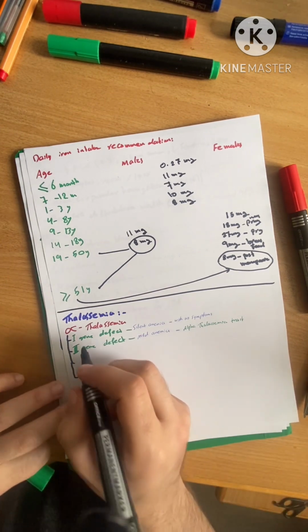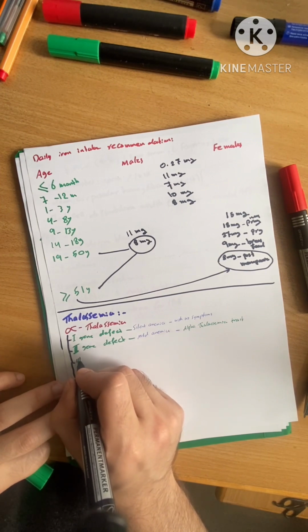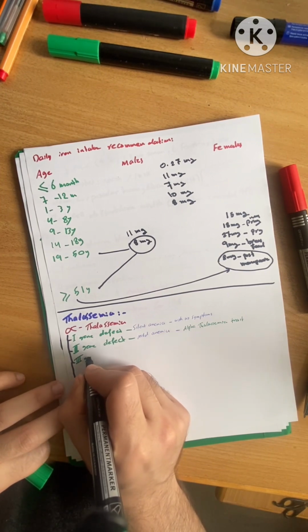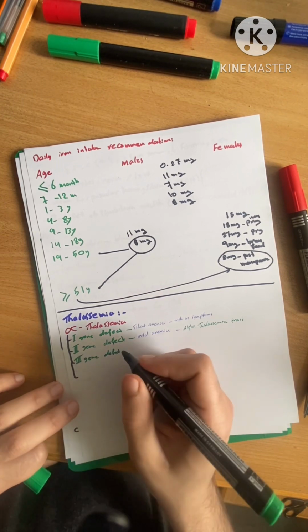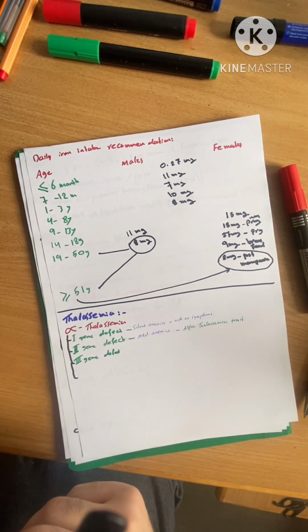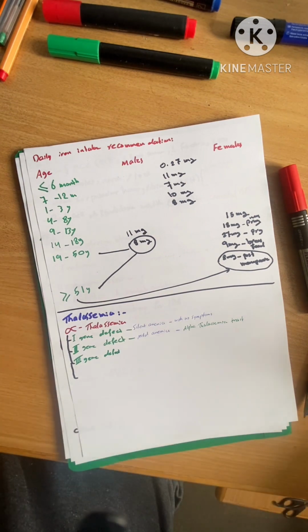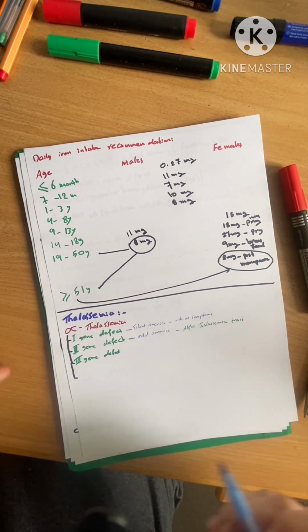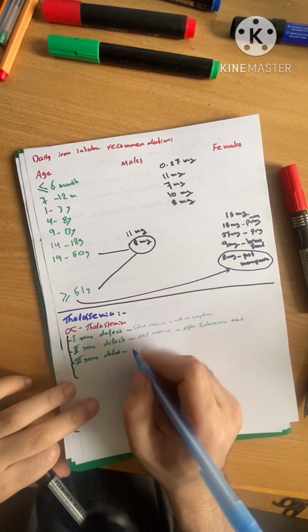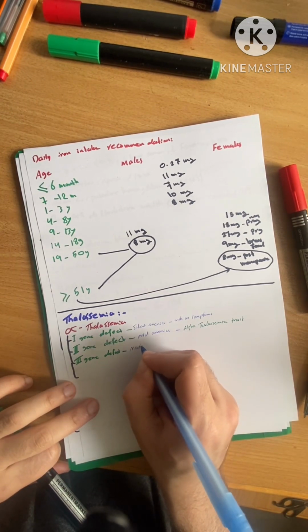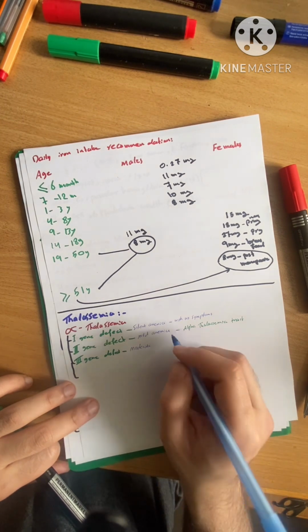Third degree of alpha thalassemia is when 3 genes are defective. Here it's called moderate anemia.